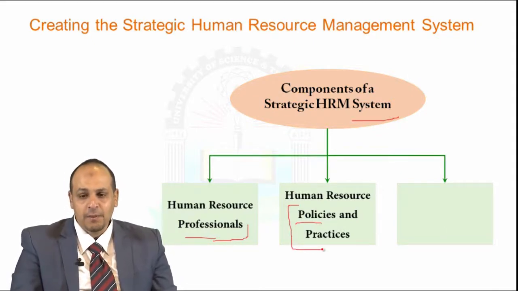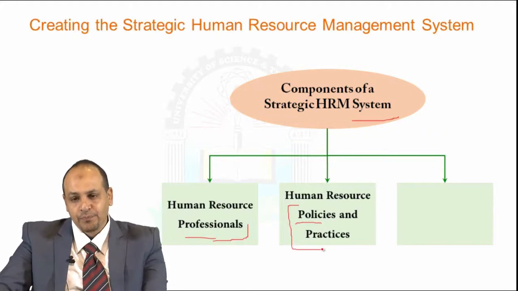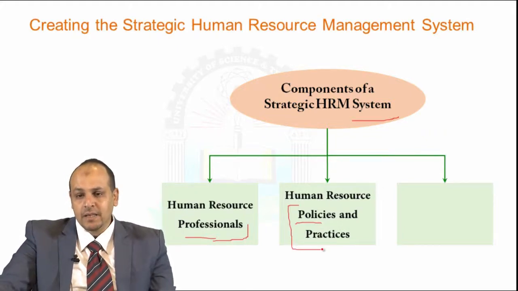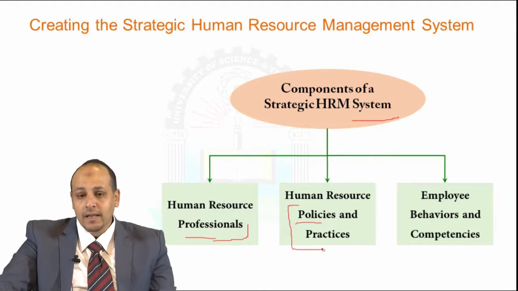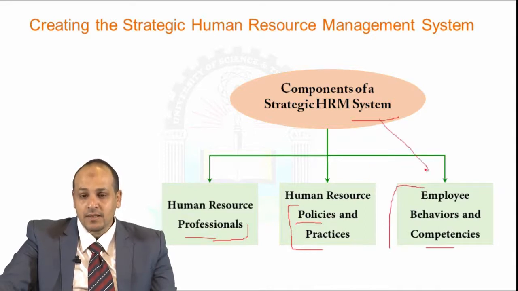And finally, the employee behaviors and competencies. We cannot have a very good system without employees' competencies. We cannot have a strategic human resource management system without defined policies and practices. And at the same time, we need professional people to handle the last two points.